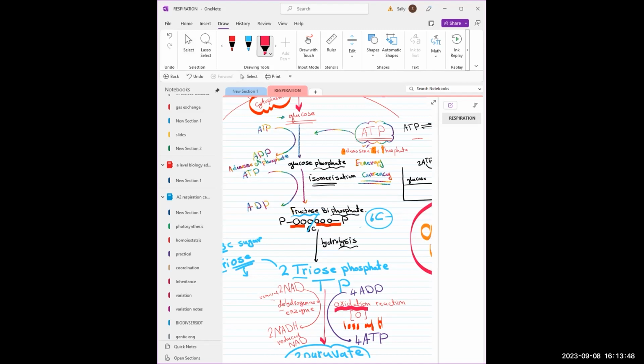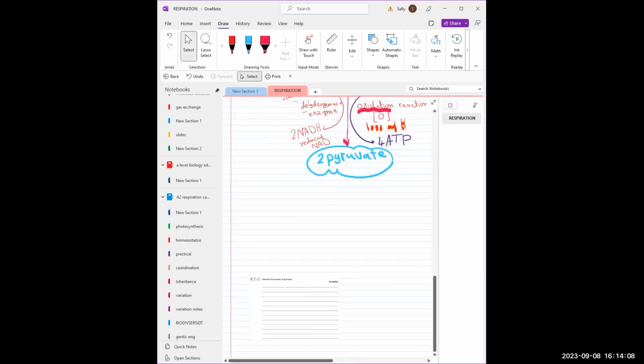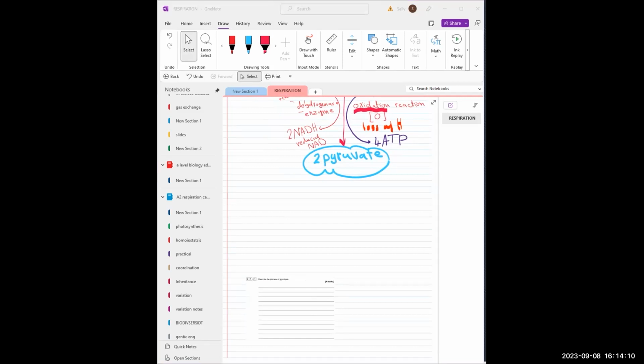So it loses hydrogen and the 2 NAD will gain those hydrogens. They'll be reduced to reduced NAD, and this will release 4 ATPs and 2 pyruvates.